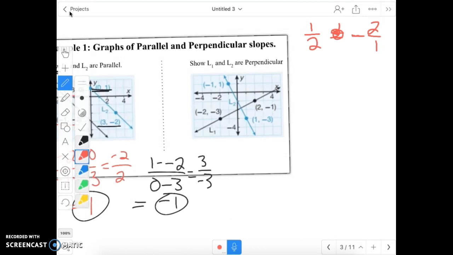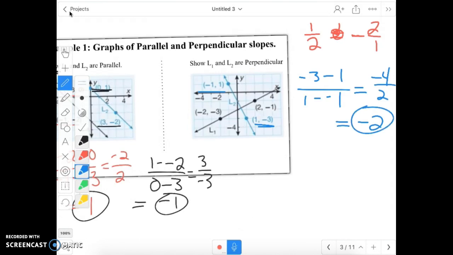So we can take a look at what they give us. I'll use that blue line first. Negative 3 minus 1 over 1 minus negative 1. So we get negative 4 over 2, which equals negative 2. Oh, I might have just accidentally used the right slopes there.